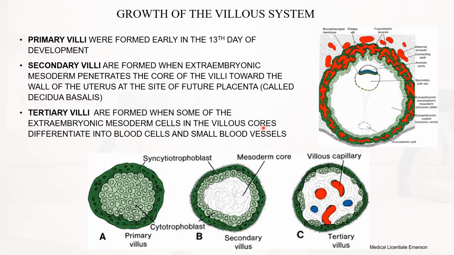Then we also have tertiary villi, which are formed when some of the extraembryonic mesoderm cells in the villus cores differentiate into blood cells and small blood vessels. So remember, we are talking about the primary villi, the secondary villi, and the tertiary villi.